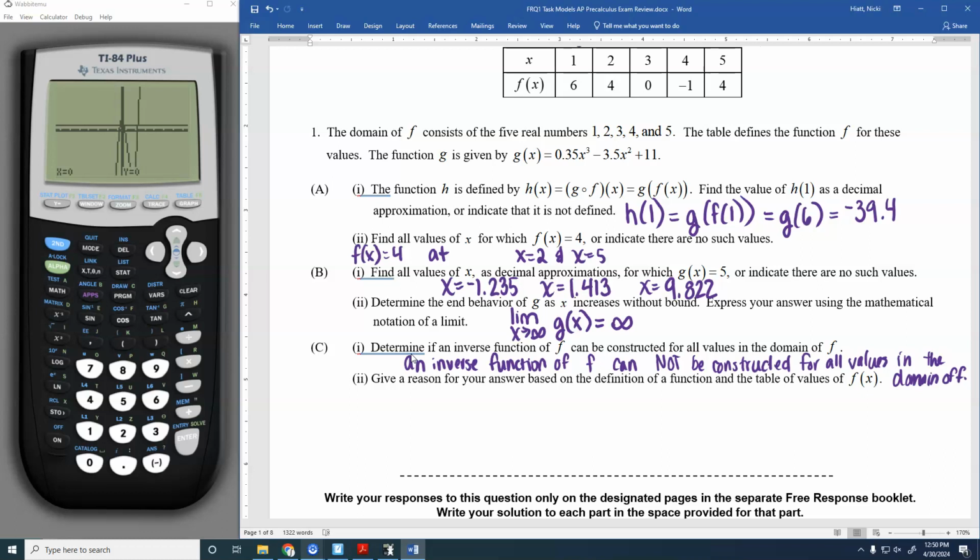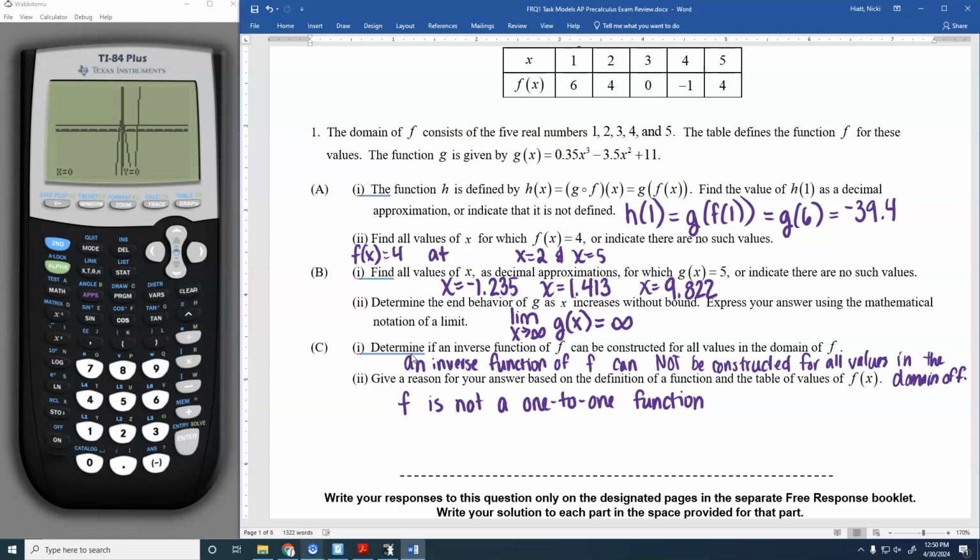So, your reason here is because F is not a 1-to-1 function. And how do we know F is not a 1-to-1 function?